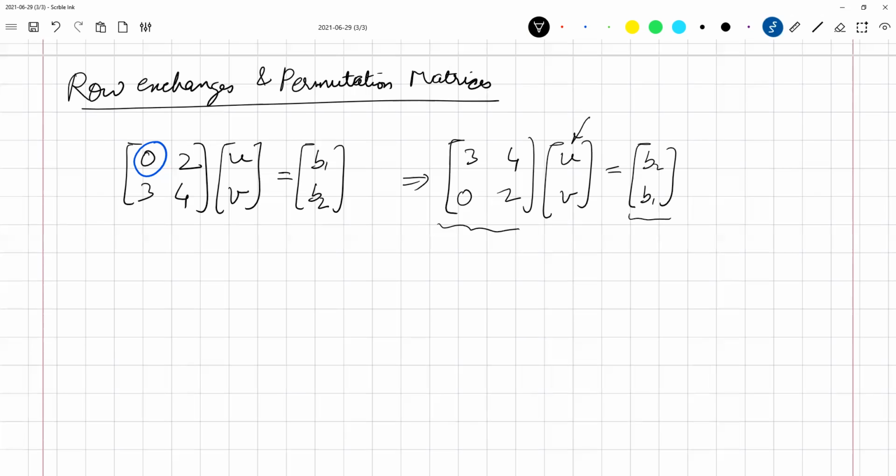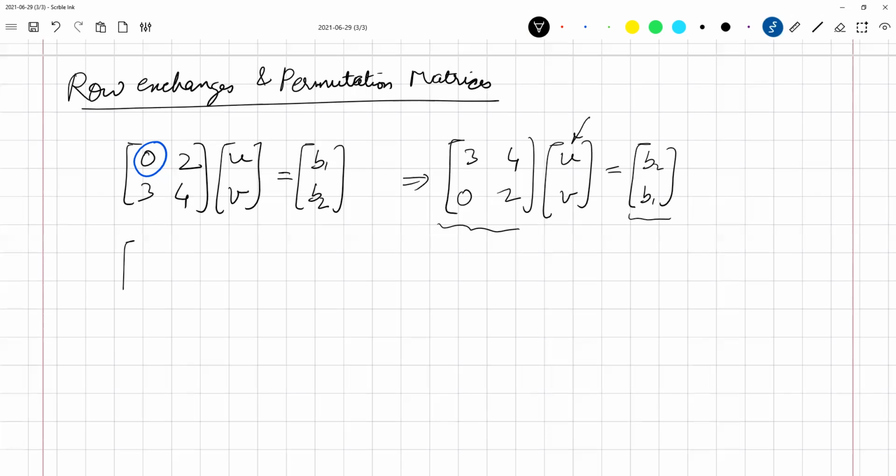So now I want to exchange these rows. How can I do this through matrix operation? Can you tell me which matrix I should multiply by, which might achieve this? Okay, let us try to do something.